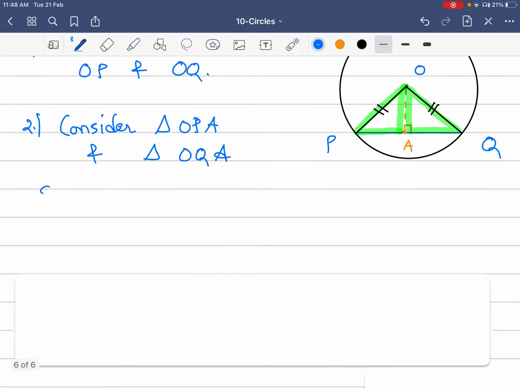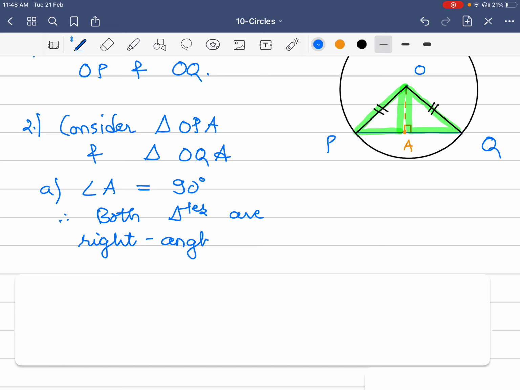In that, the first thing is angle A is equal to 90 degrees. Therefore, both triangles are right angle triangles. That's an important point.